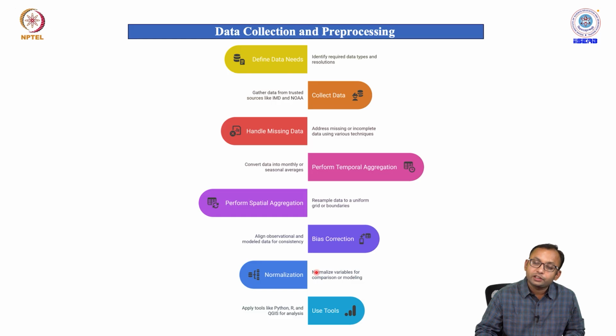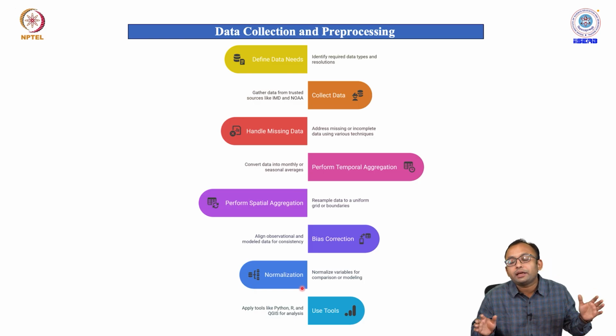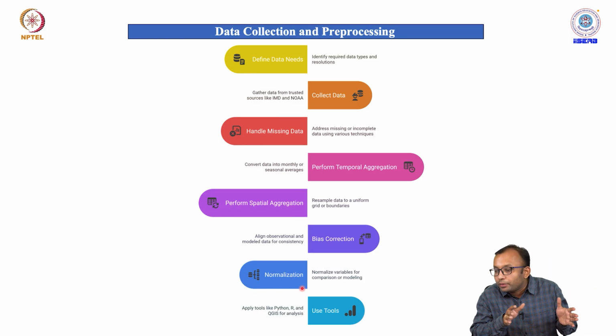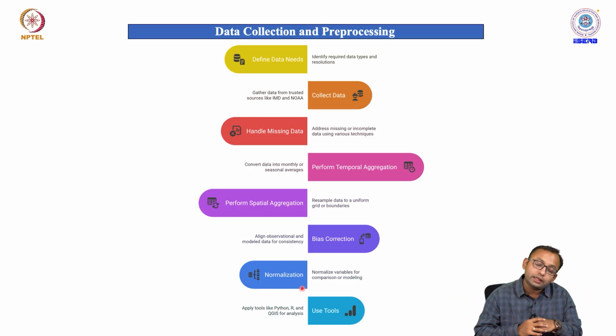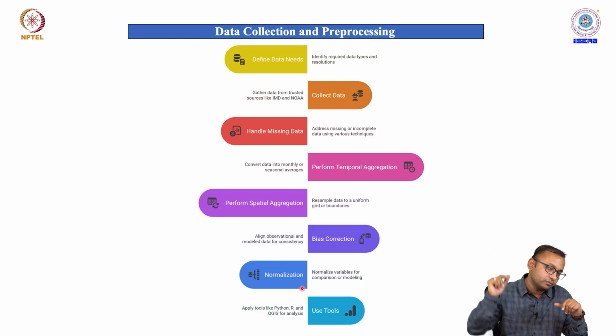Once it is done, let us say you have multiple variables. It is also possible that these variables have different sets of units. Therefore, you cannot compare all these variables together, because some variables may range from, let us say, 0.1, 0.2 to 1, or there is another variable ranging from 10, 20, 100, 200.